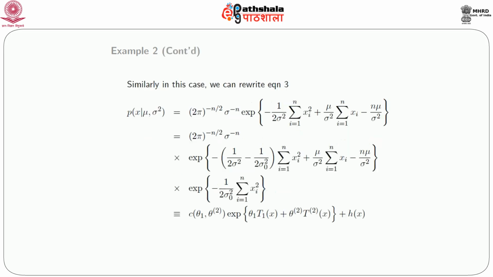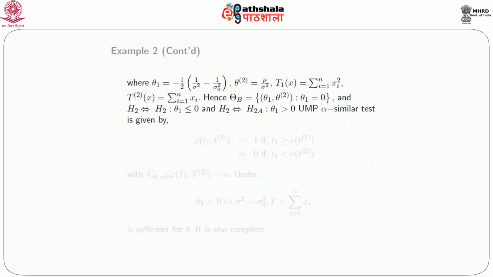Similarly, in this case we can rewrite the joint PDF in the form of an exponential family. This is the form: C of theta 1, theta 2, e to the power T1 theta 1 plus theta 2 T2 plus h(x), where theta 1 and theta 2 are given, and T1 equals summation xi square and T2 equals summation xi.